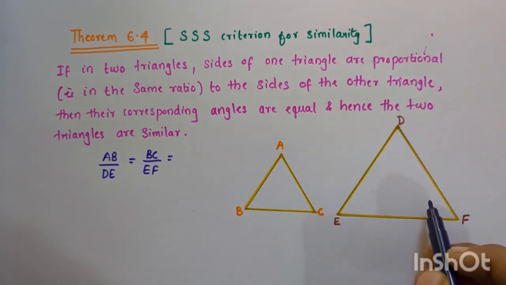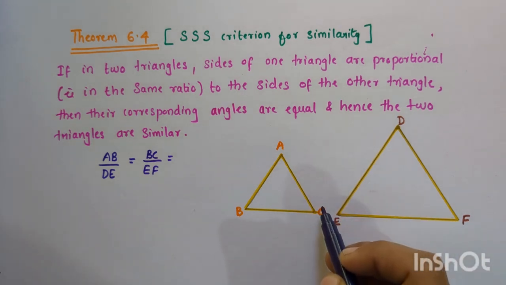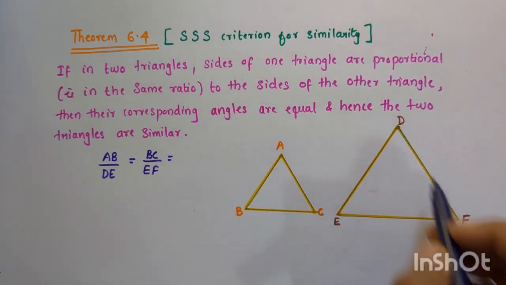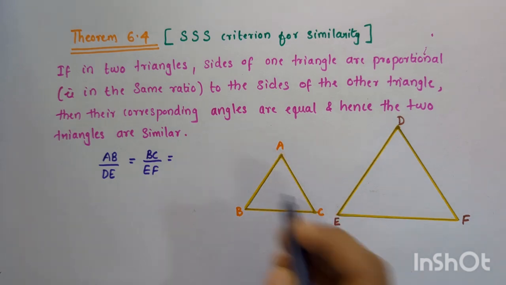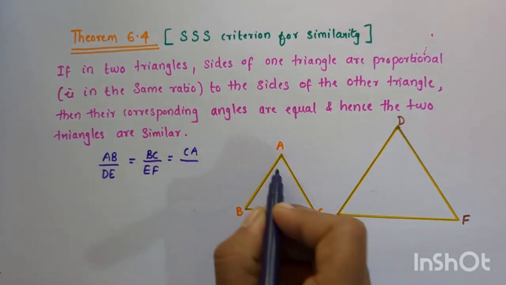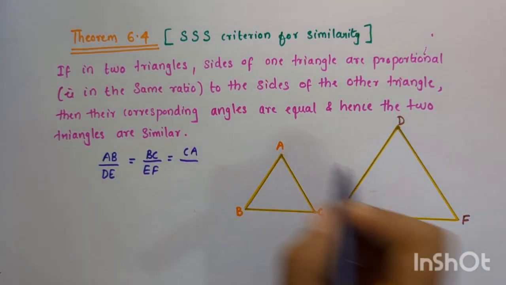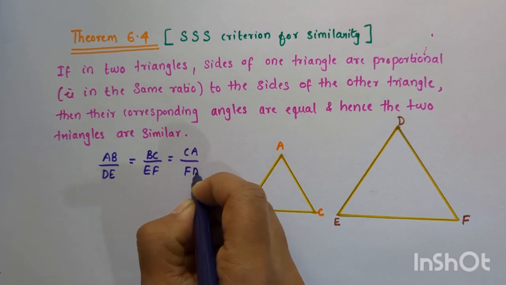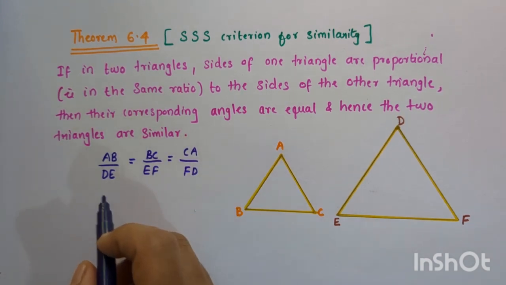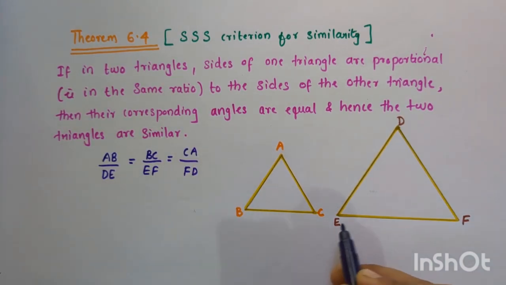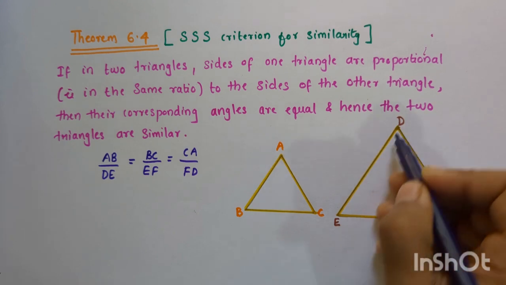So, their ratio CA by FD. You can take it as AC, no problem.